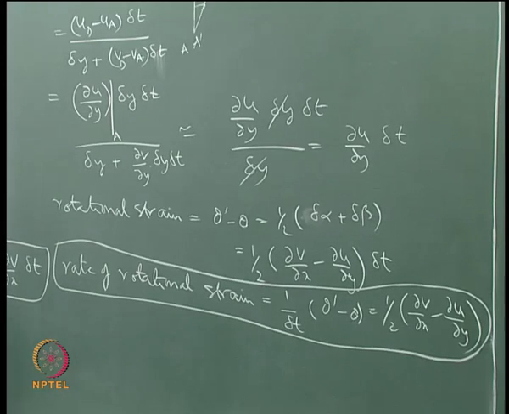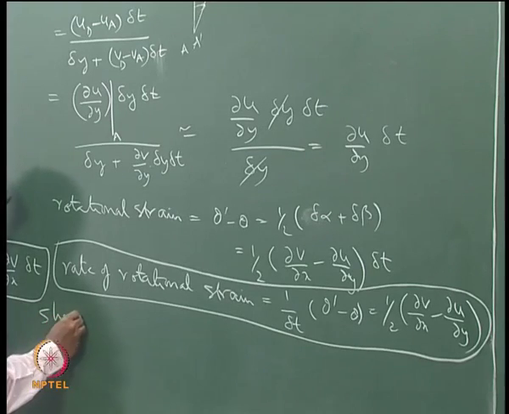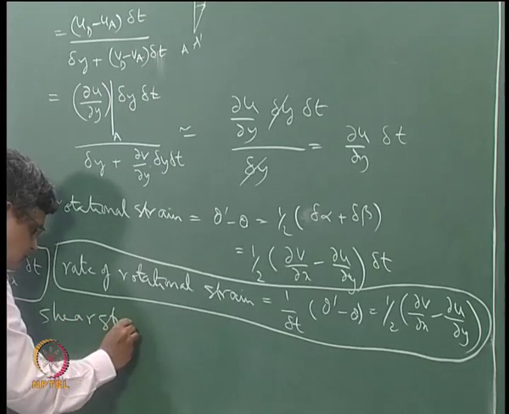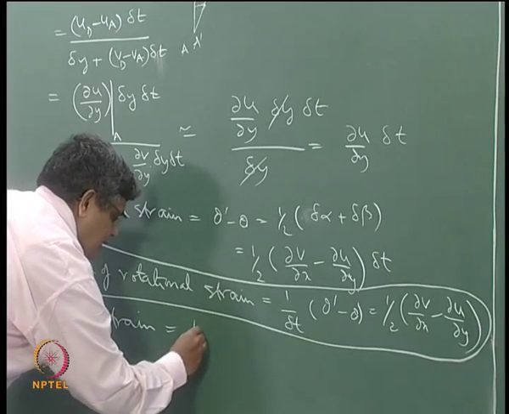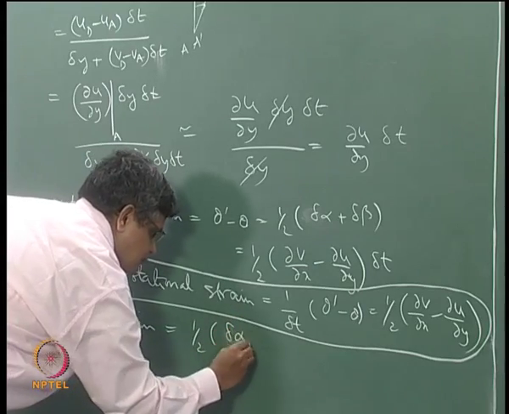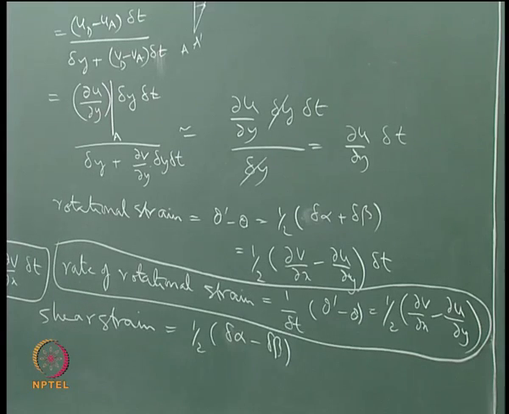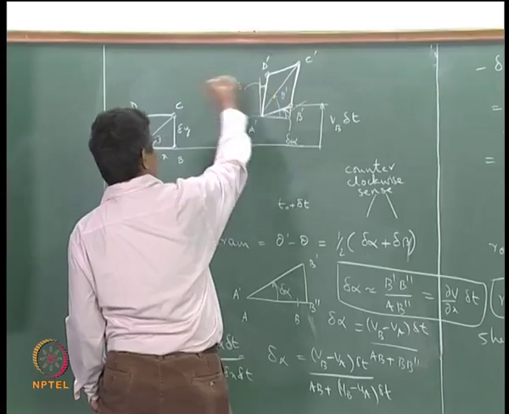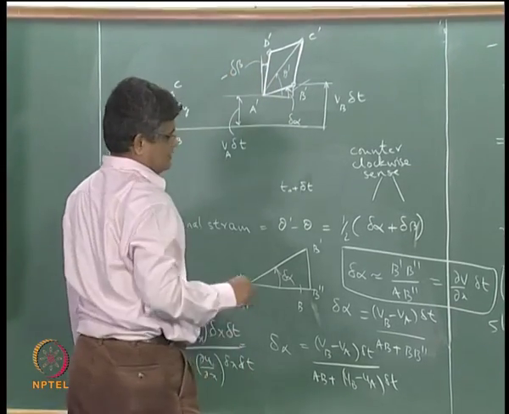Now, let us consider the shear strain. We have said that this is equal to half of delta alpha minus delta beta, okay, because delta beta is supposed to be going in the counterclockwise direction and minus delta beta is coming in this direction.